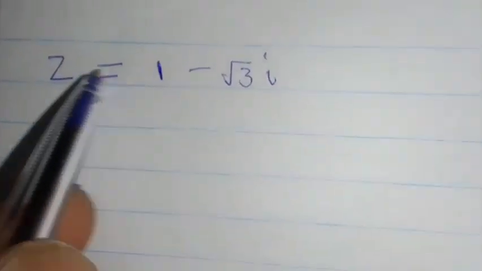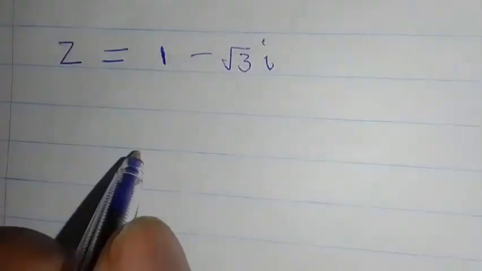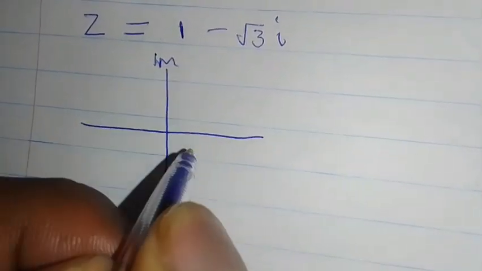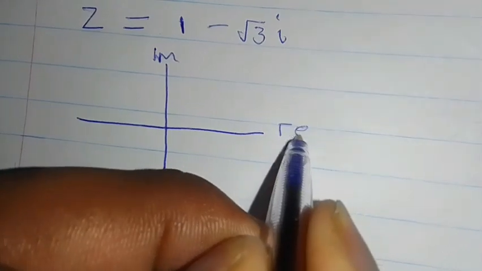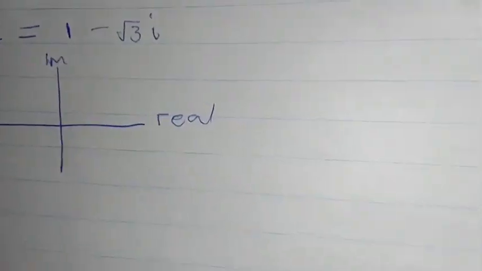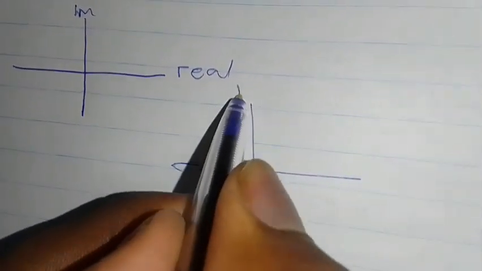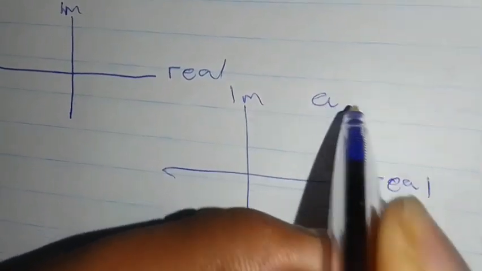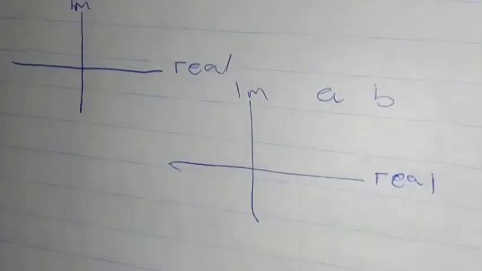Now we want to rewrite this again in polar form. Where in the plane will we plot this? Imaginary axis and real axis. Pay attention. Notice that the real part is a and the imaginary part is b, right?